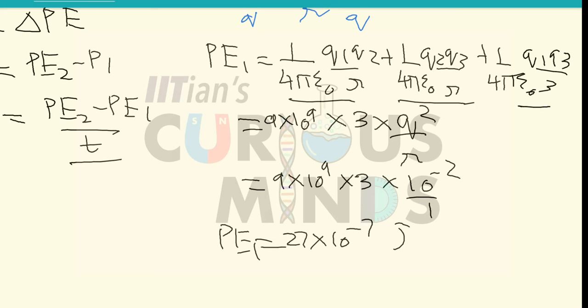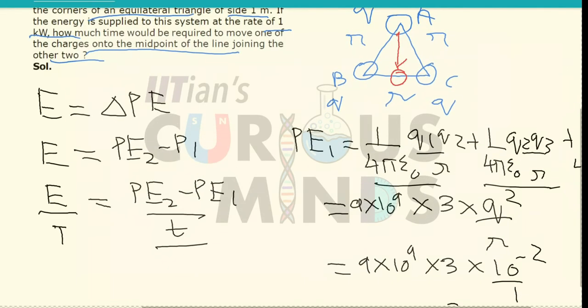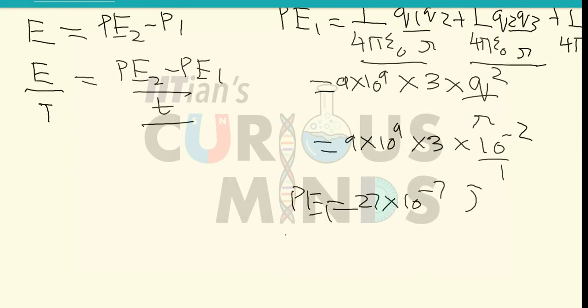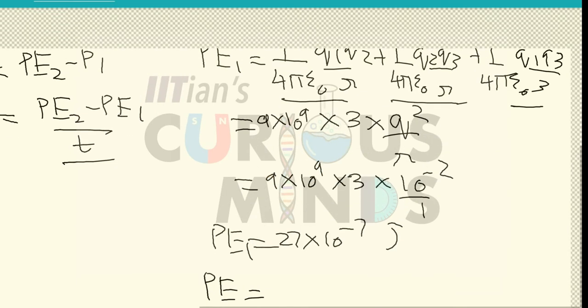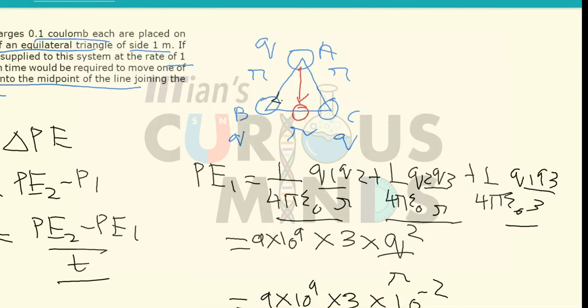Let us find out the potential energy in the second configuration. In the second configuration also, 1 by 4 pi epsilon naught and Q1 Q2 will be constant, but now the R will change. The distance between these two will be equal to half, and between the first and the third it will be equal to 1.